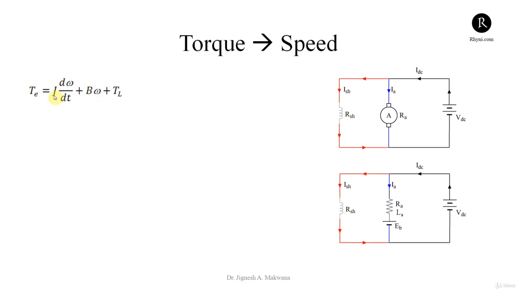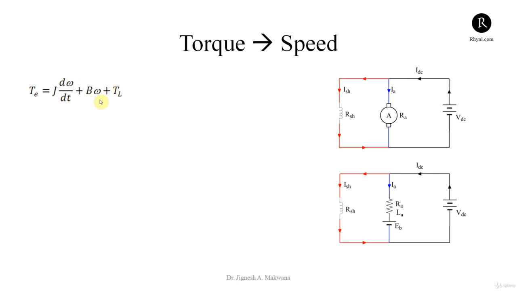J is the inertia of the rotor of the motor when load is not attached, so no load, inertia of only the rotor. B is the friction of the bearing and air when the rotor is rotating inside the stator or inside the motor. So these constants only represent the parameters of the motor or rotor, and this is the load torque, which may have several different characteristics according to the load, and it is opposing.